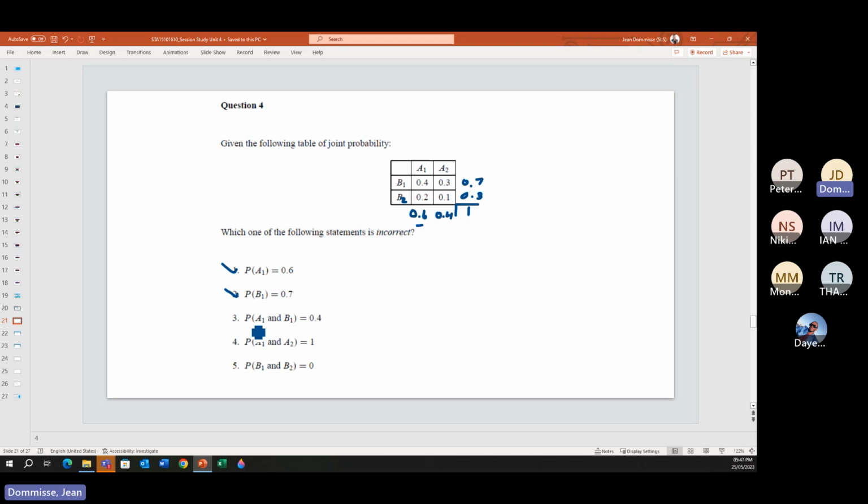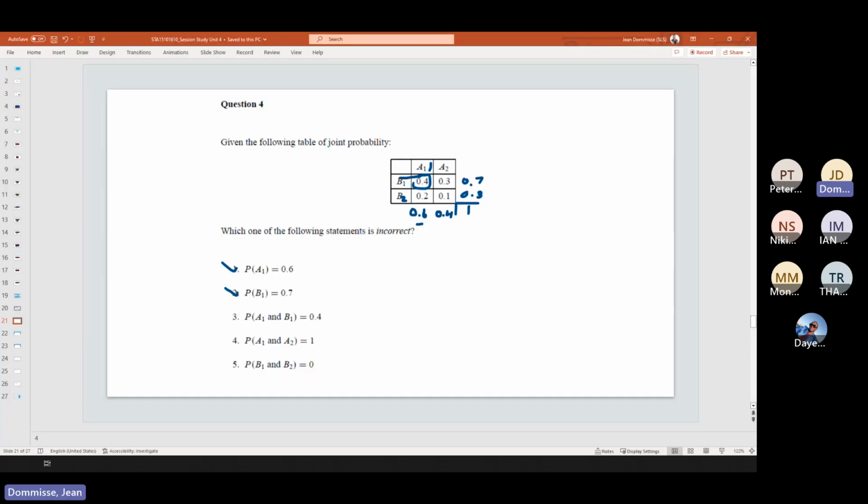What is the probability of A1 and B1 happening? Where do the two intersect? At 0.4. So the probability of A1 and B1 happening is 0.4, which is correct.